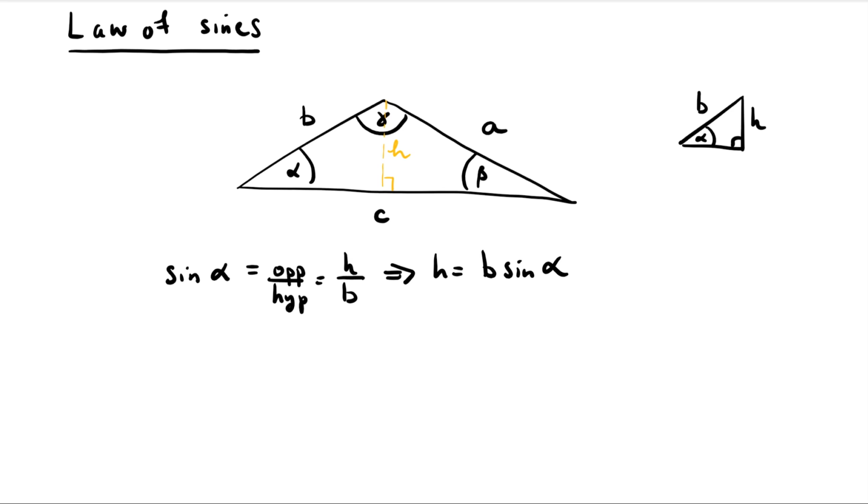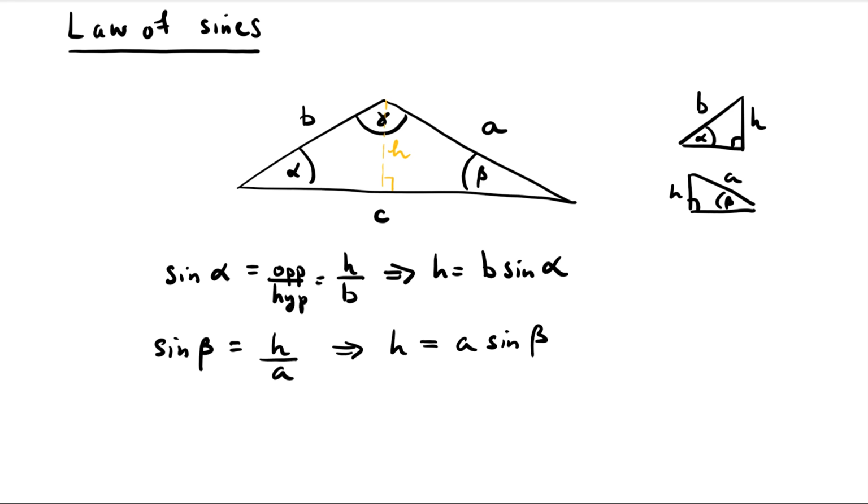If I look at sine of beta now, but this time looking at this triangle with this beta, this right angle, this is H, this is A, so it corresponds to the inner right triangle. Sine of beta is opposite over hypotenuse, so it's H over A. So again, if you solve for H, you get that H is A sine of beta.